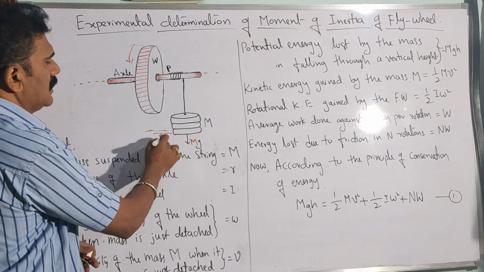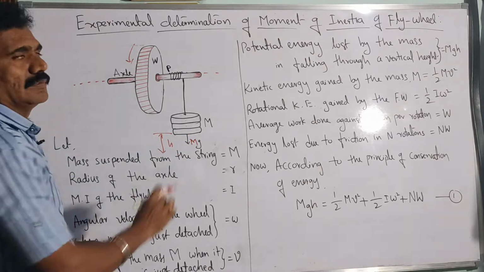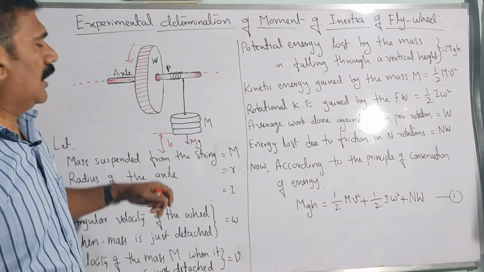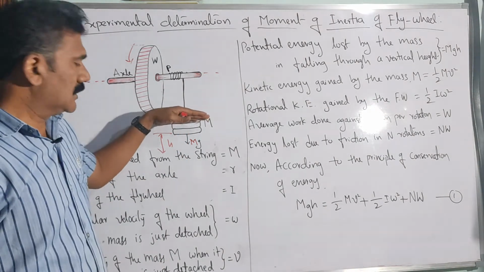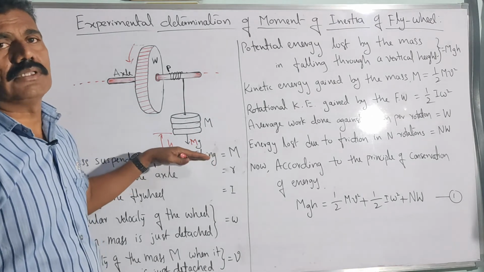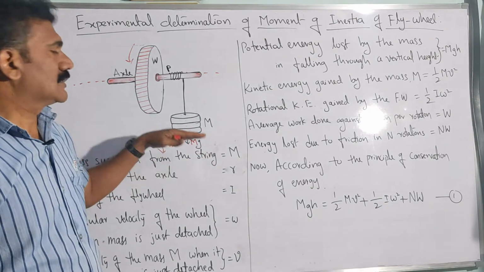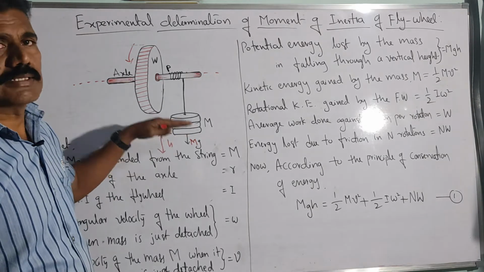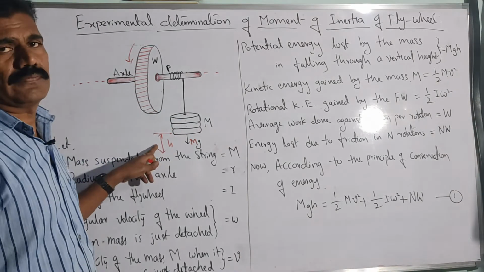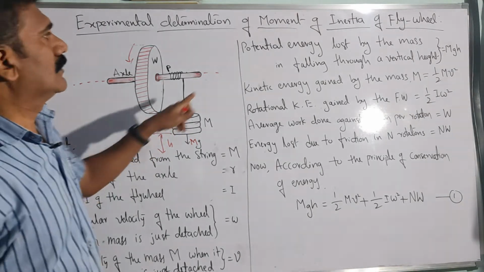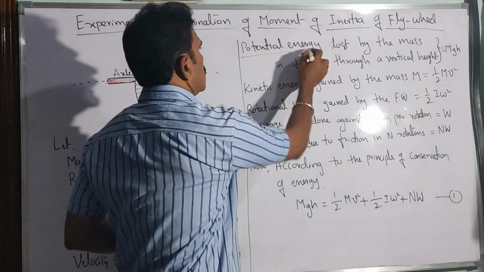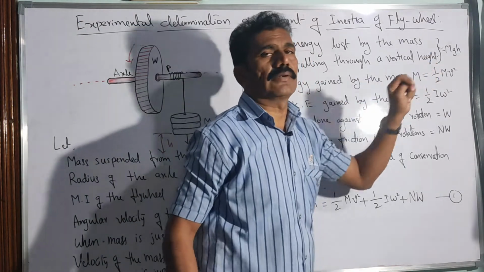You are measuring the height up to the ground. So depending upon the height of the mass until it touches the ground, the potential energy is the product of that mass, acceleration due to gravity, and this h. mgh is the standard formula for potential energy. Okay, so mgh you have to consider.